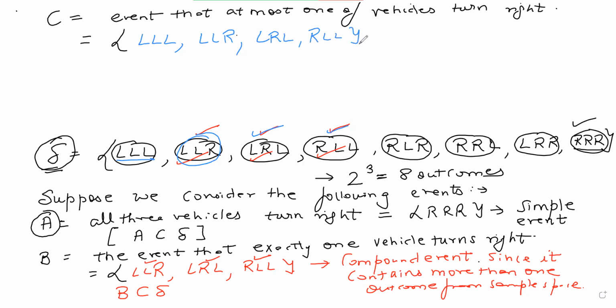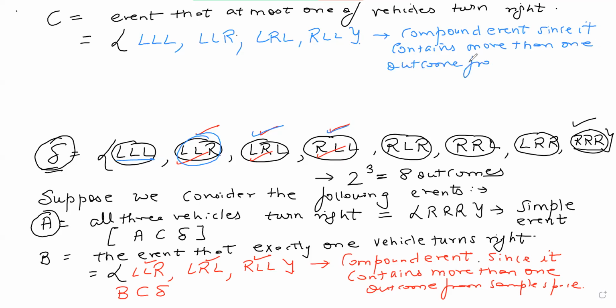Okay, so you can again see that this is a compound event since it contains more than one outcome from the sample space.